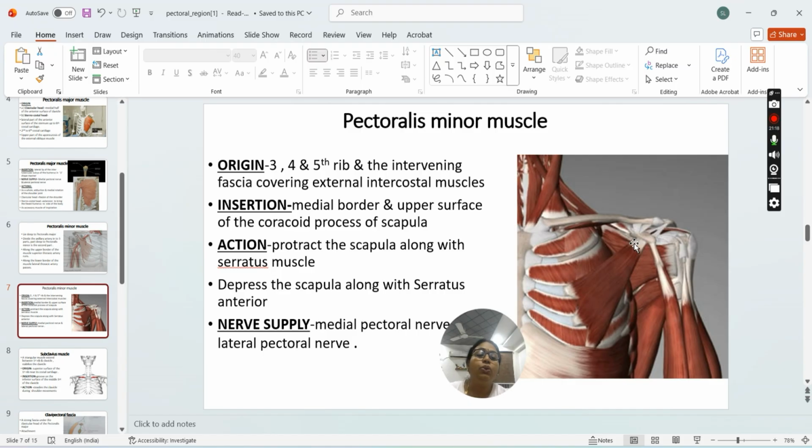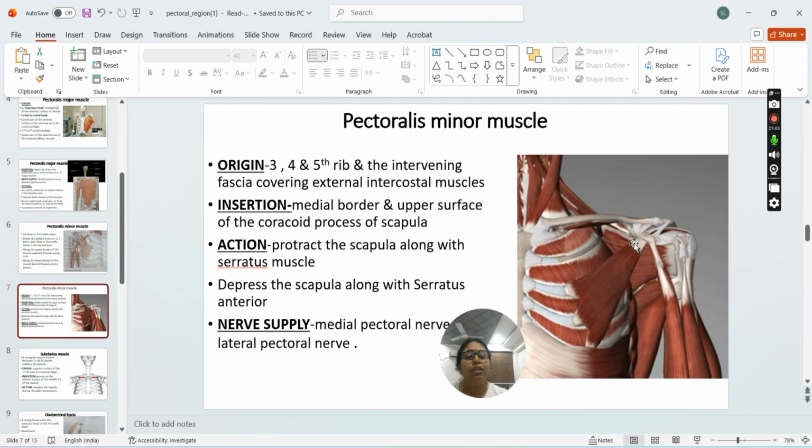Okay. So your pectoralis minor along with the serratus anterior muscle helps in the protraction of the scapula, as in the pushing movement. It also helps in depression of the scapula from the shrugged position. You are taking the scapula down. That is called depression.